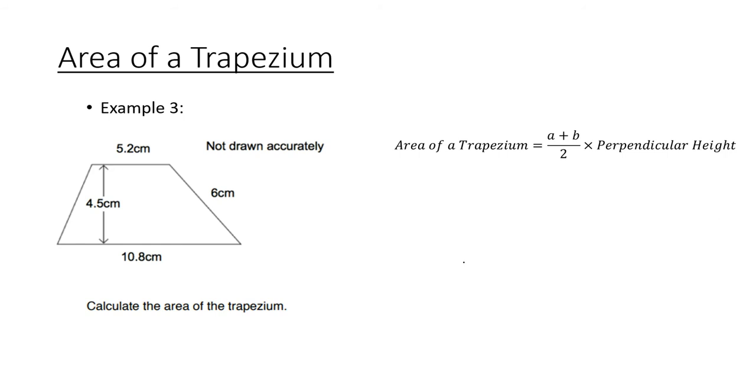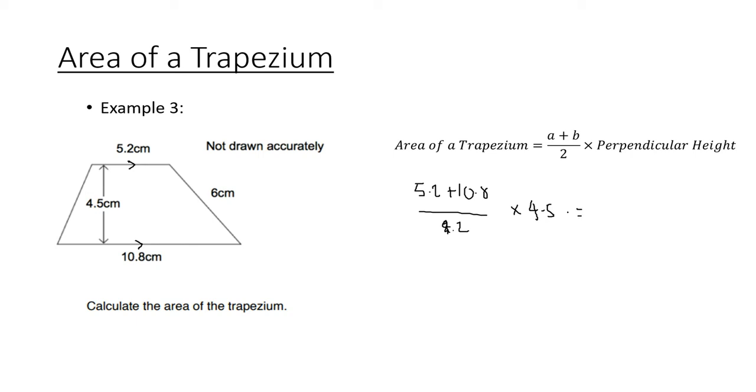Next example. Again, not drawn accurately, so not drawn to scale. Calculate the area of the trapezium. First thing, identify your A and B. Remember, A and B are your pair of parallel lines, which are these two here. So we've got 5.2 plus 10.8 divided by 2, multiplied by 4.5, which is your perpendicular height.